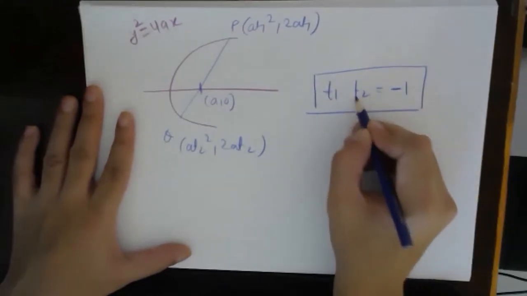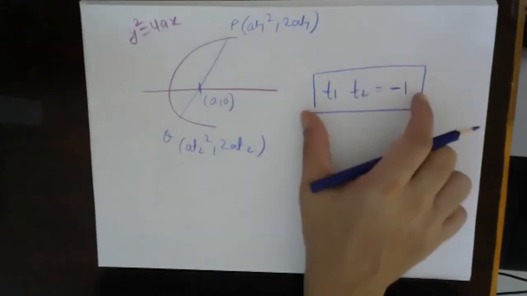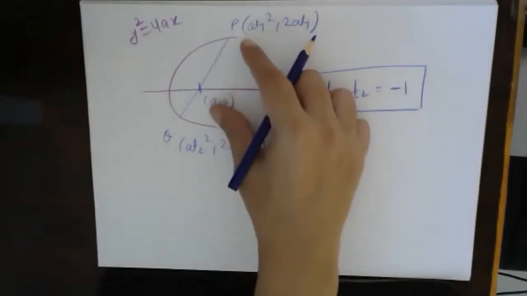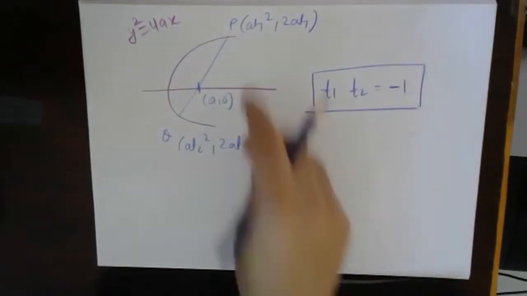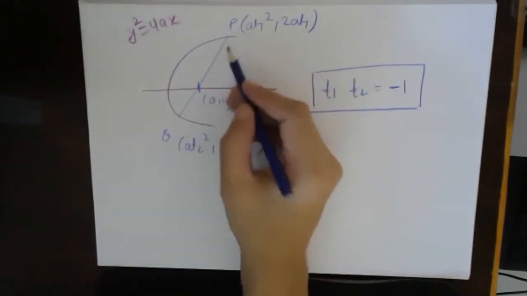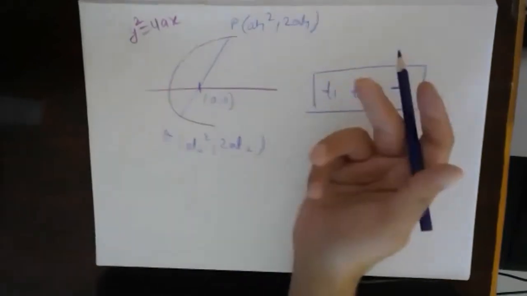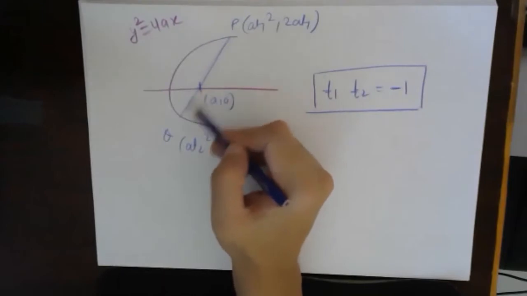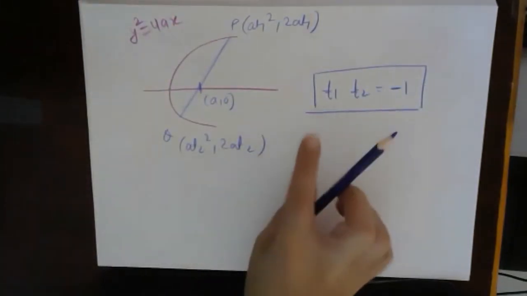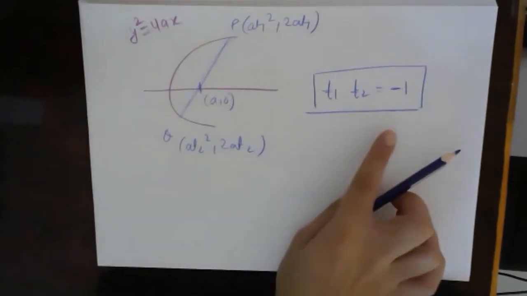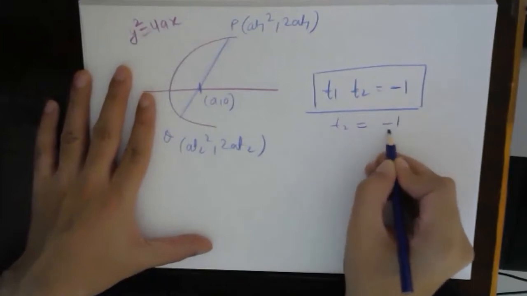We will not go into the derivation of this, but if you are interested in the derivation of this result, find the slope of this line, find the slope of this line, and equate them. Understood? Everybody understood?